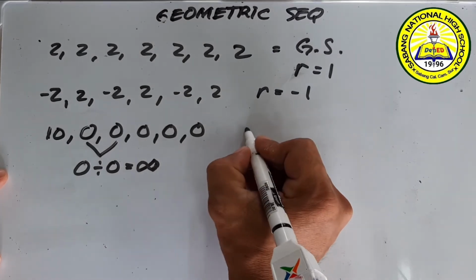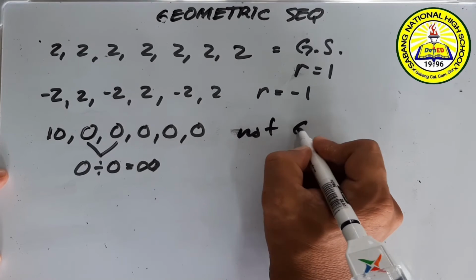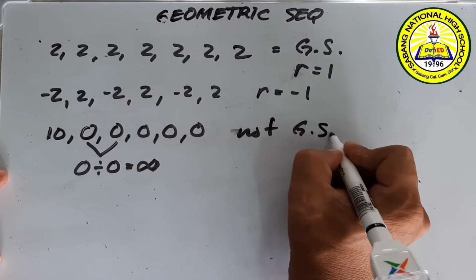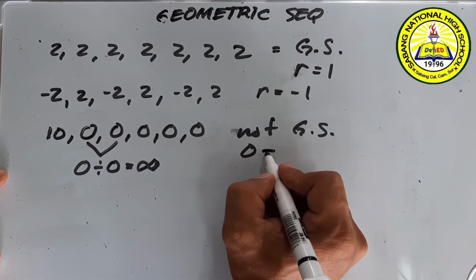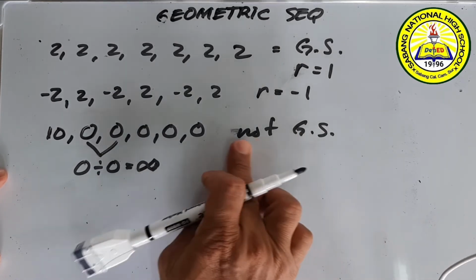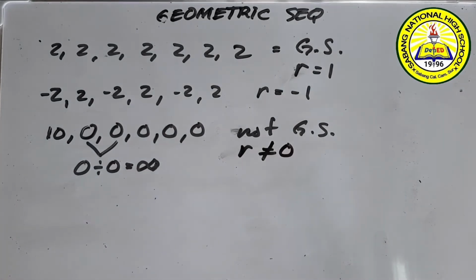Thus, this is not a geometric sequence, and r cannot be equal to 0. That is why 0 is not used as a common ratio in a geometric sequence.